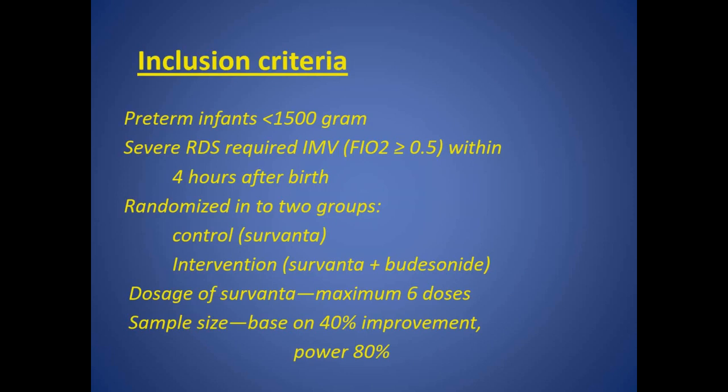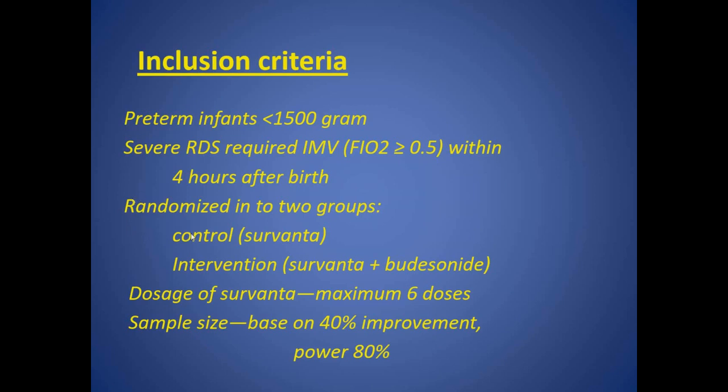The inclusion criteria for the study published in the Blue Journal: we used babies less than 1,500 gram who had a severe RDS and required IMV with FiO2 more than 0.5 within 4 hours. In other words, we pick up those more serious, more sick babies, more severe RDS.